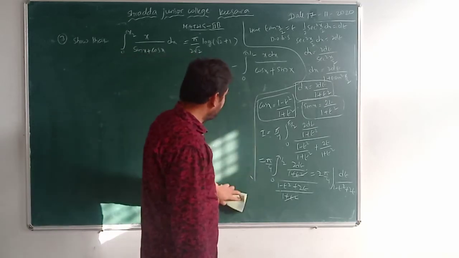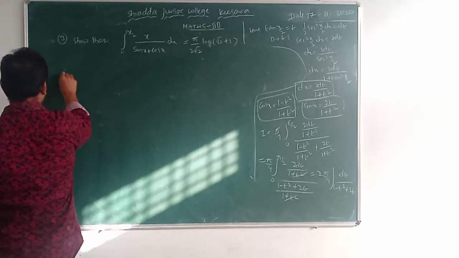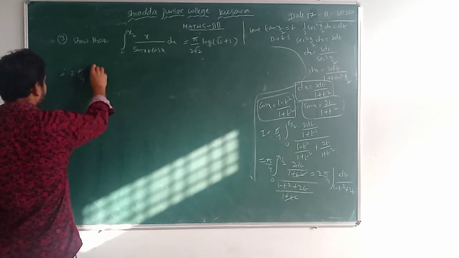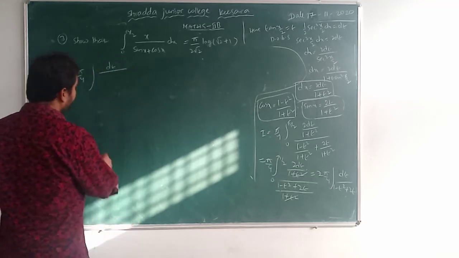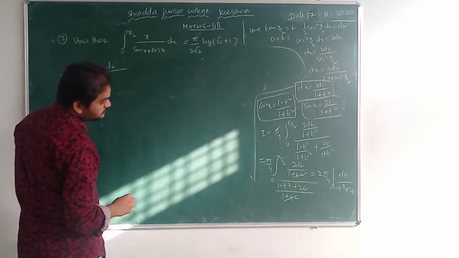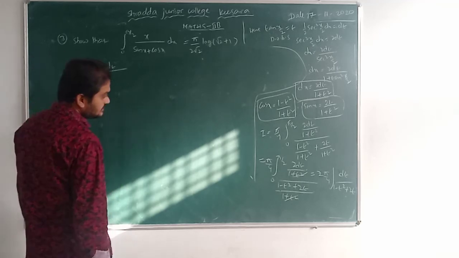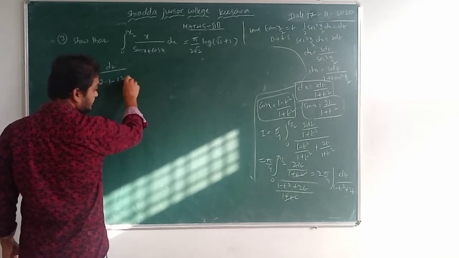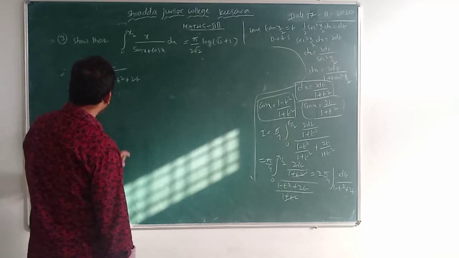Now take the previous step, 2 into pi by 4 integration dt by (1 minus t square plus 2t). Here 1 can be written as 2 minus 1.